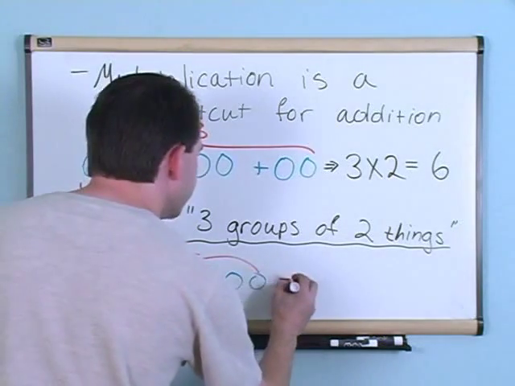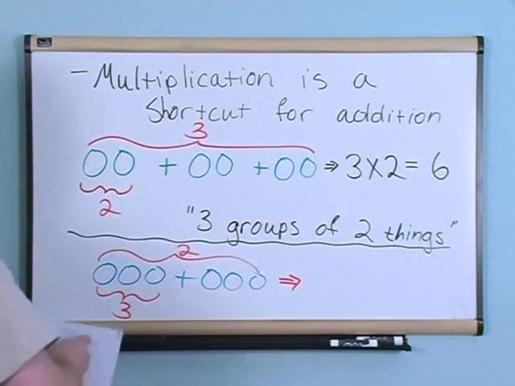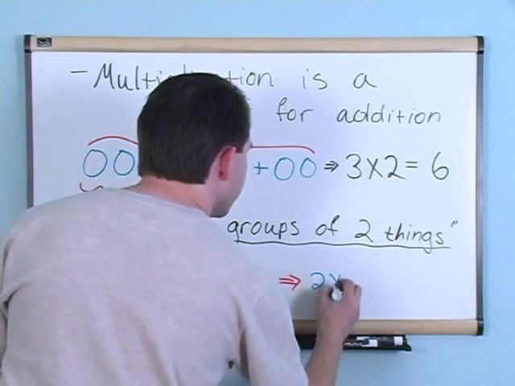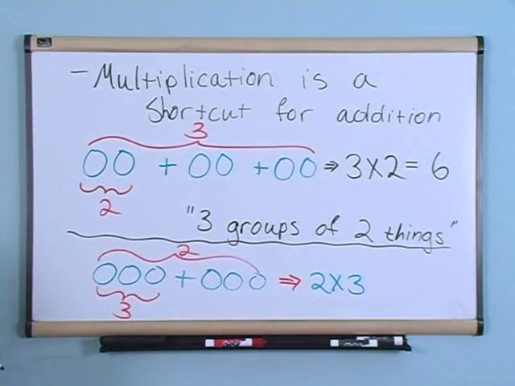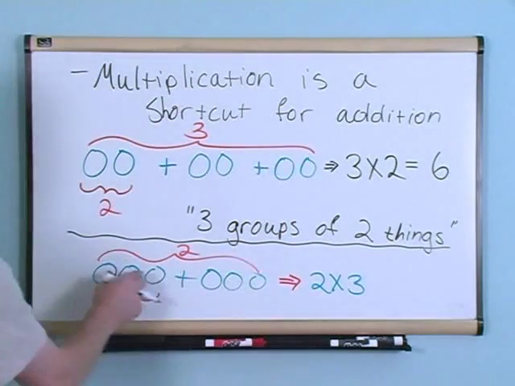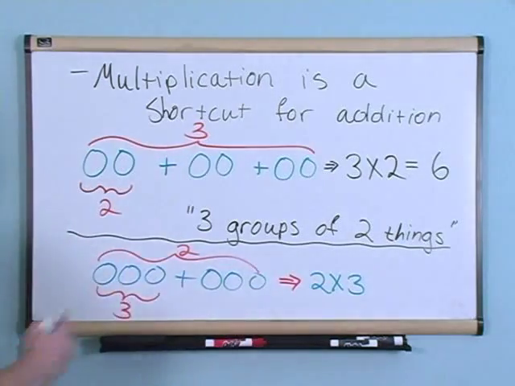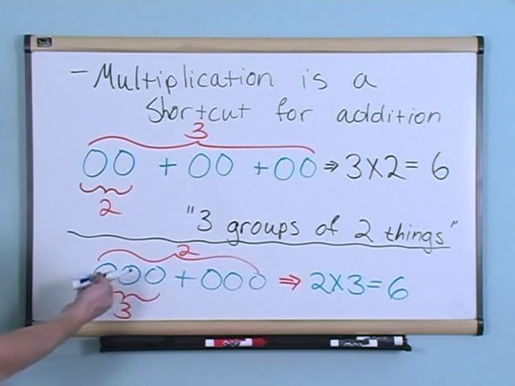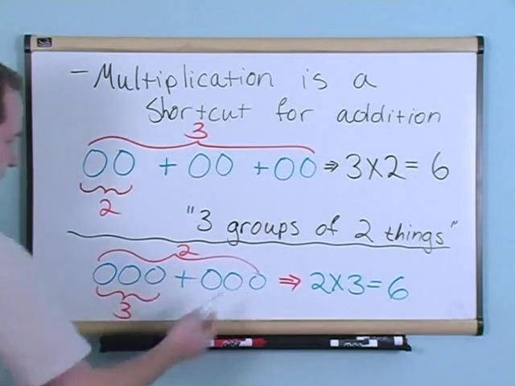So what this would be, instead of 3 times 2, this is going to be 2 times 3, okay? 2 times 3. 2 groups, 3 things in each group. And you already know that the answer is going to be 6, because you can just look at the board and count 1, 2, 3, 4, 5, 6.